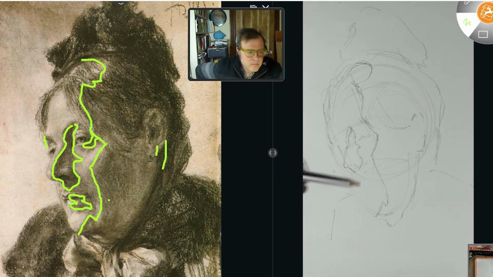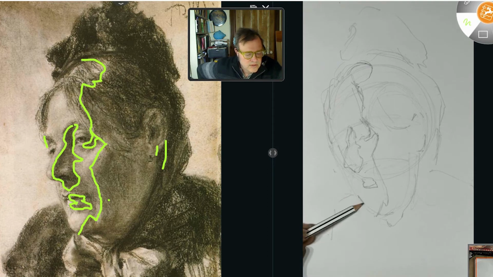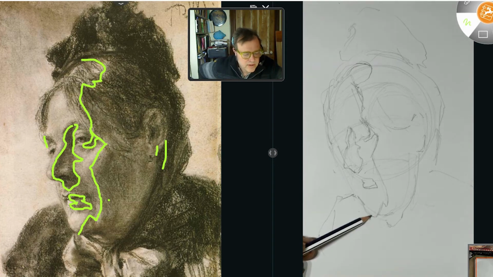They don't have to be in exactly the right place, because we're going to be able to move these darks around. And this is going to feel so different from the way you normally draw that it's going to feel awkward, like you're not really achieving anything at all. But you just have to believe me, it's going to develop some really useful habits.